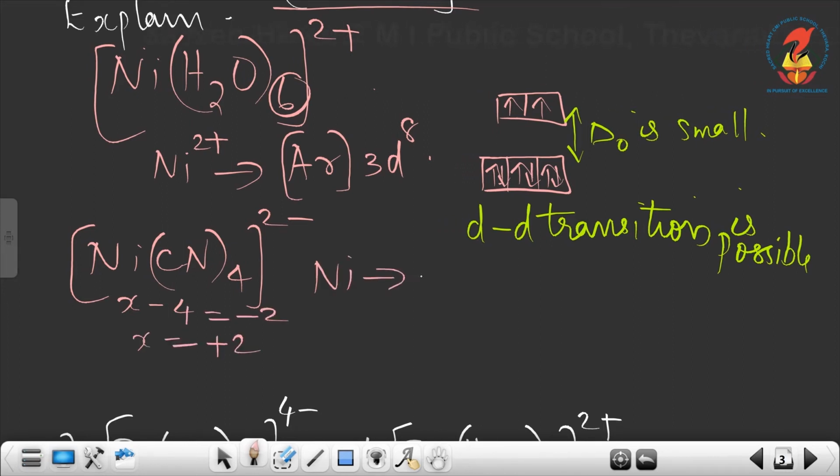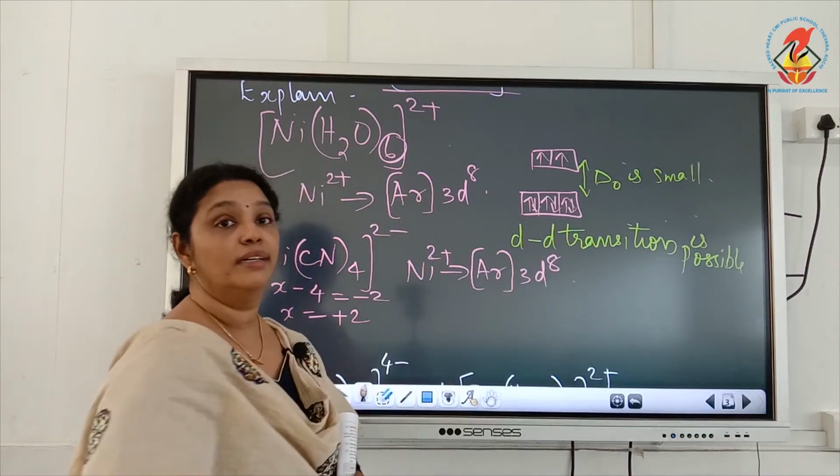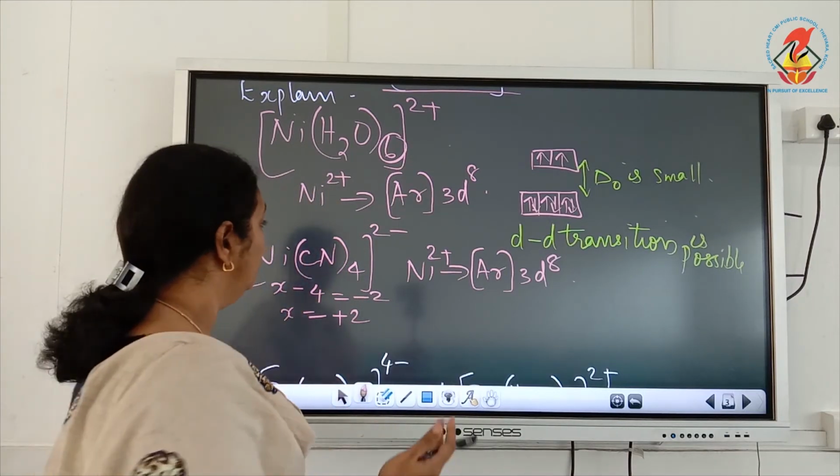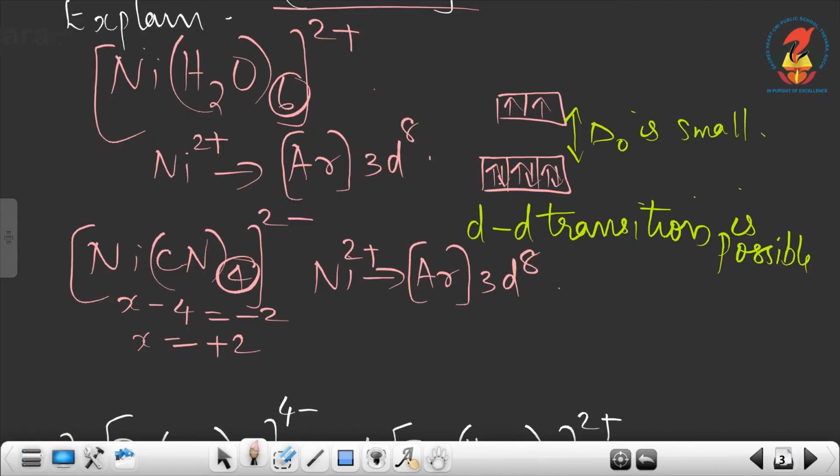So nickel is argon 3d8 4s2. Here nickel is in 2 plus oxidation state. So again it is 3d8. Now let's draw the CFT. Now here the coordination number is equal to 4, means who will be in the lower level? We have e, and higher energy we have t2.